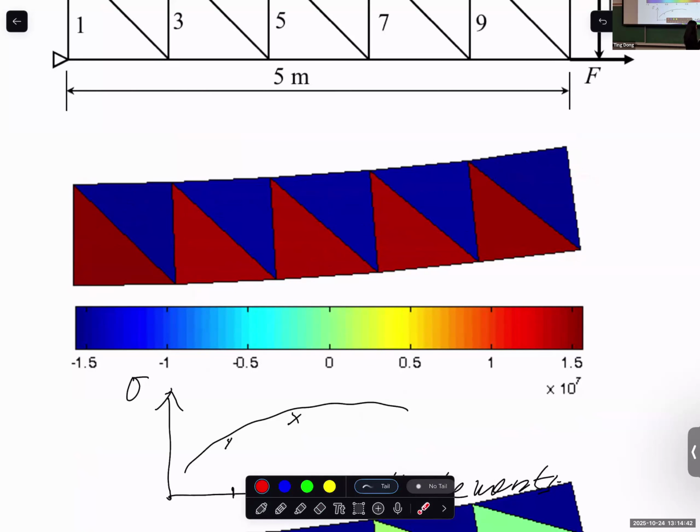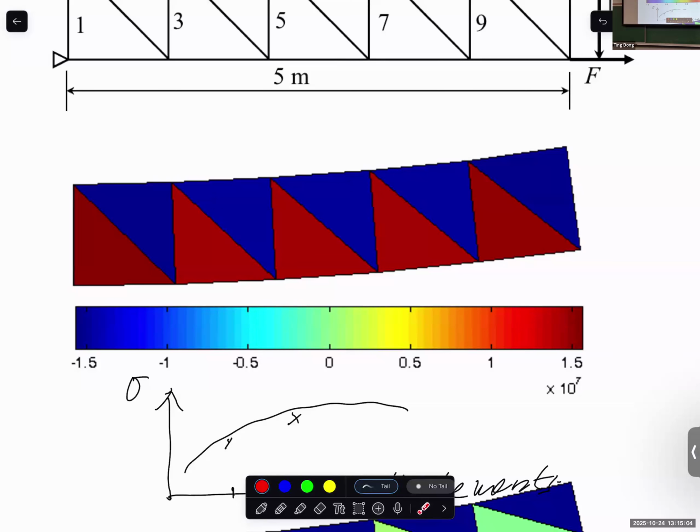So this is more of an advanced topic. In the CST element, the best result is when you have an equilateral triangular element. So if each interior angle is close to 60 degrees, you get the best results.